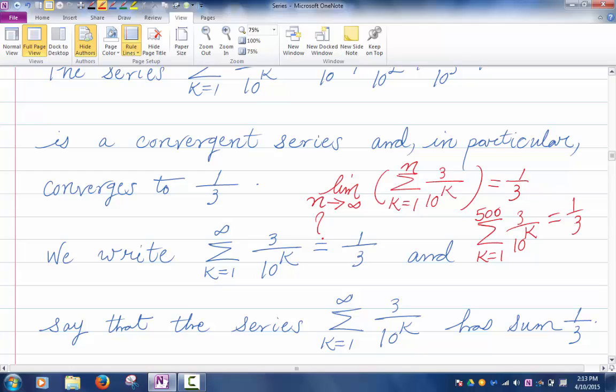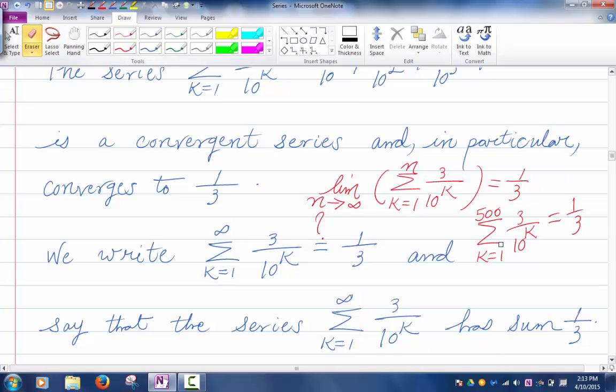Am I making sense? So that equality, you have to understand what you're saying. You're not saying that if you add up enough terms of the series, you get 1/3. No. What you're saying is that the limit as n goes to infinity is 1/3. Okay, so as long as we understand that's what we mean, then we can put that equality sign there and say that 1/3 is the sum of that series.